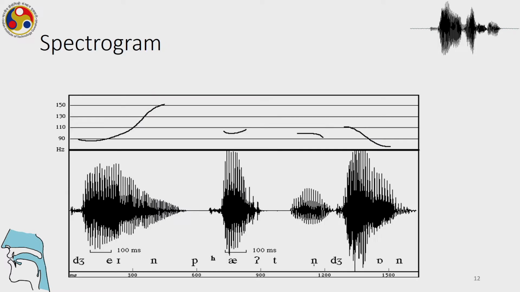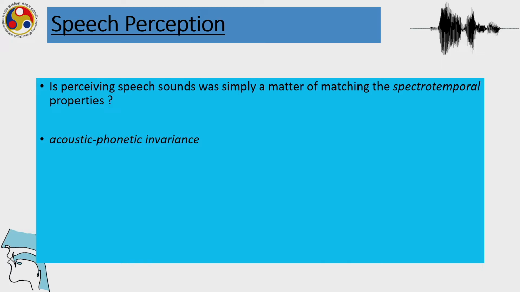So, this is a spectrogram and a waveform, but short-term spectrograms can give more information about the harmonics, about the amplitude, etc., whereas wideband spectrograms give you more information about formants, etc. Spectrograms are used for acoustic analysis, and they have been shown to show invariant acoustic cues.